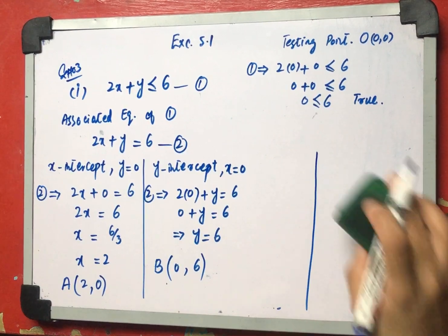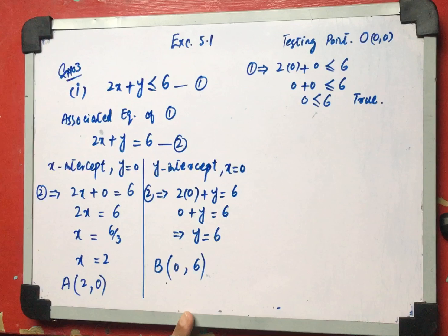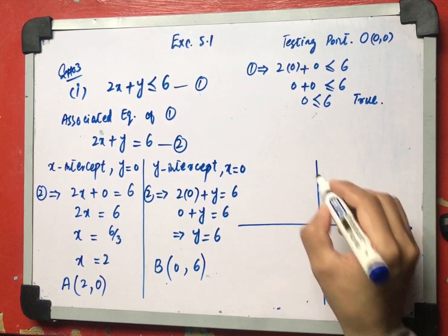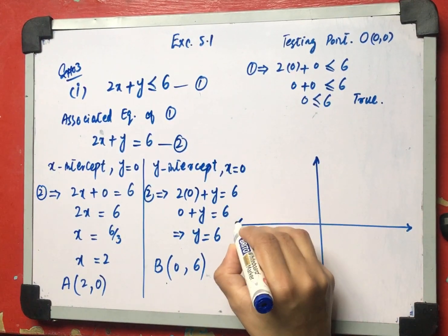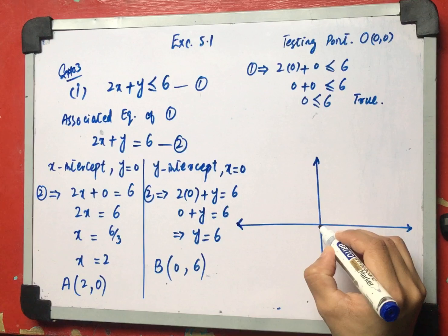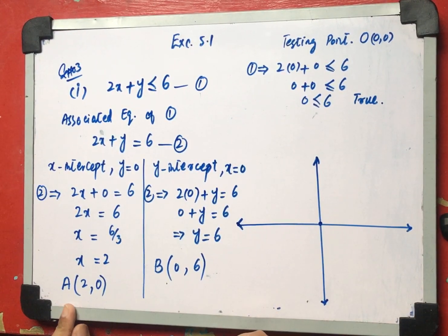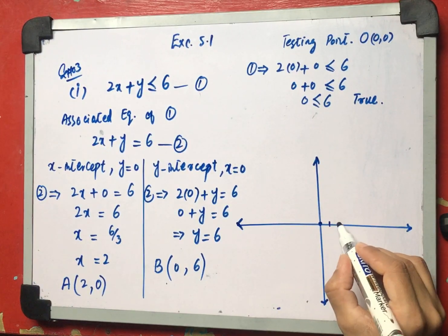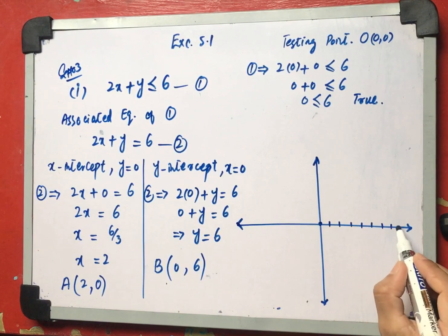Let's make an xy plane. Sorry, this is our x-axis, this is our y-axis, this is the y prime axis, this is the x prime axis, and this is 0. Okay, the first point is A. 0, 1, 2, 3, 4, 5, 6, 7, 8.